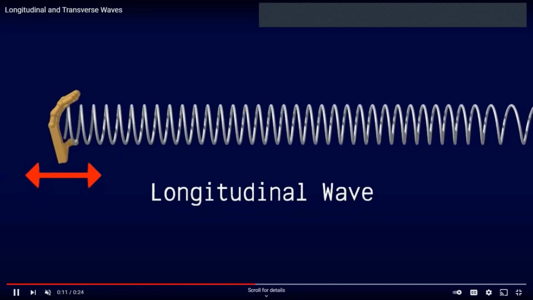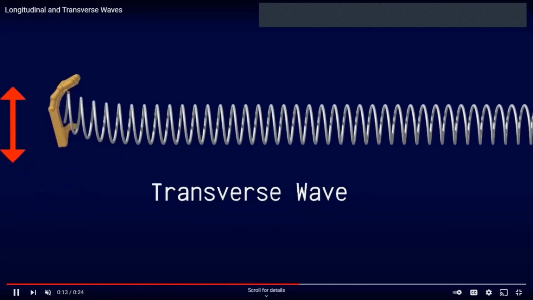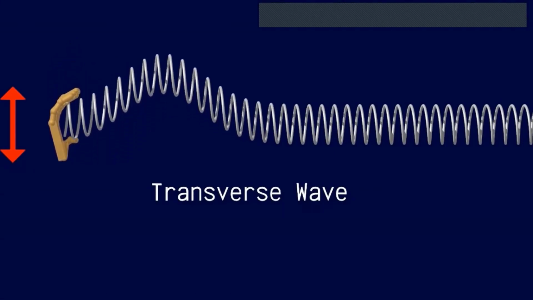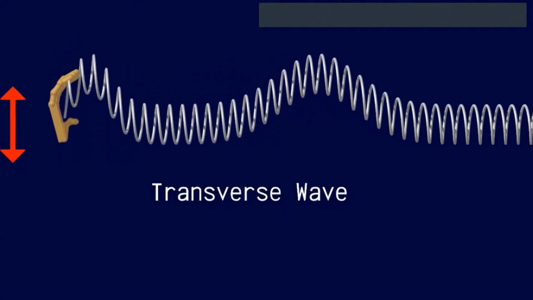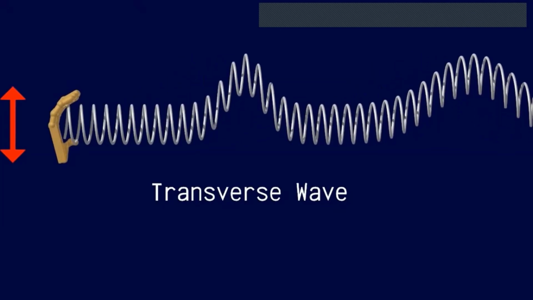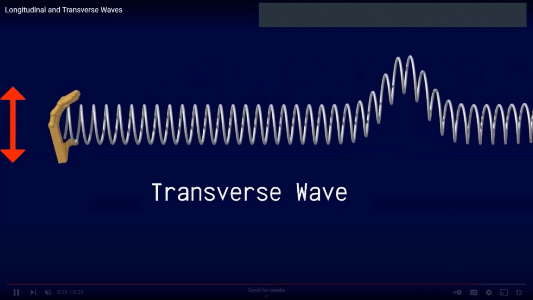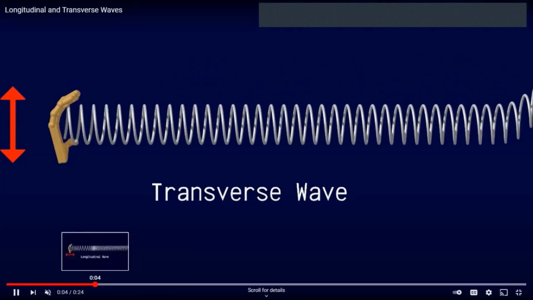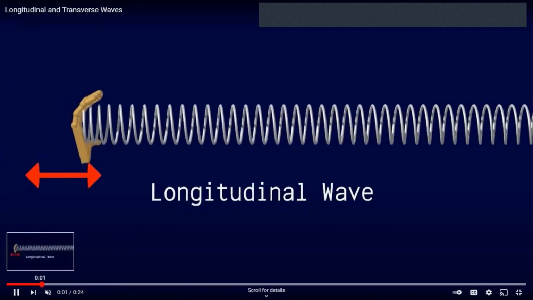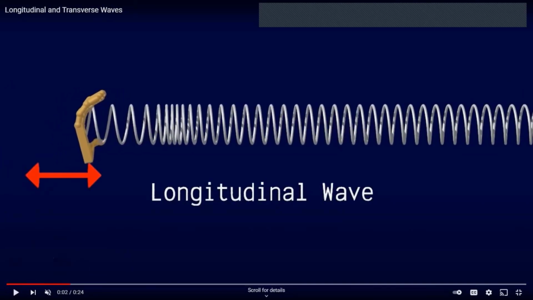So what happens if I do this to the slinky? Instead of pulsing it back and forth, I swish it up and down like that. In this case, this is a transverse wave. So those are the key differences. In a longitudinal wave, the slinky is vibrating back and forth in the same direction as the wave velocity.